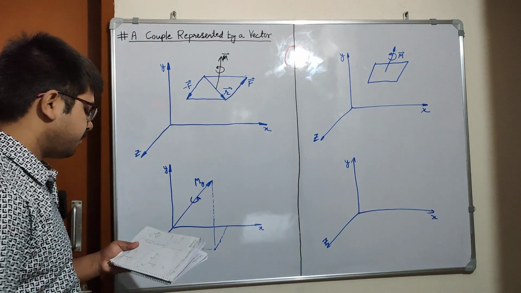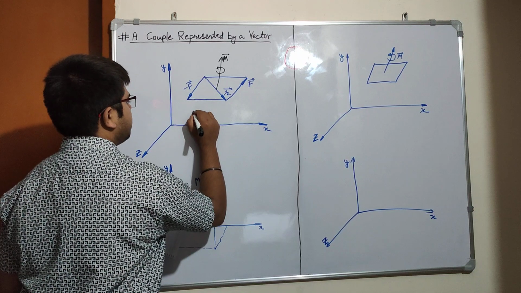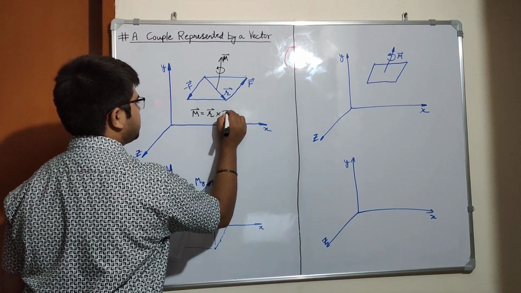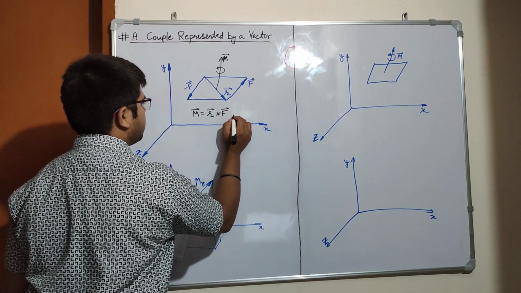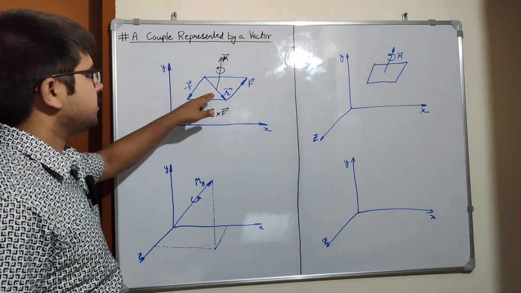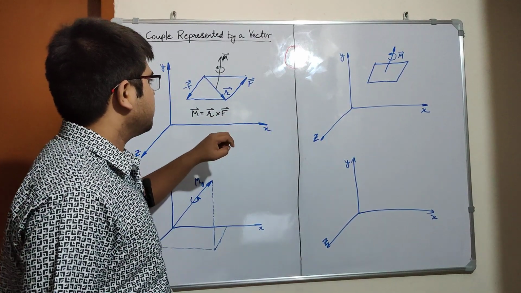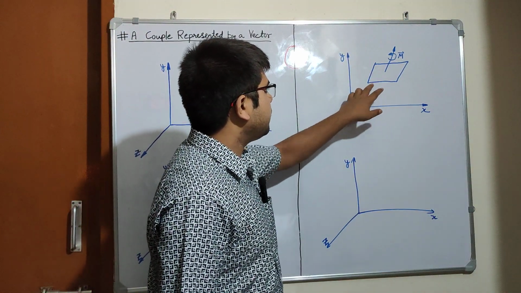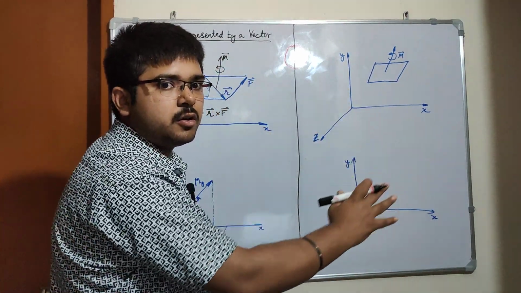Now we know that moment vector M equals R vector cross F vector. Now this moment can be translated as shown here. In the plane it can be moved anywhere along the plane.